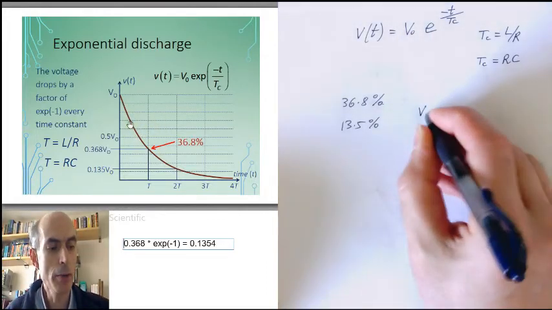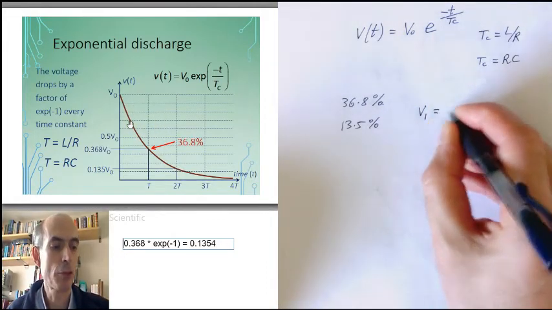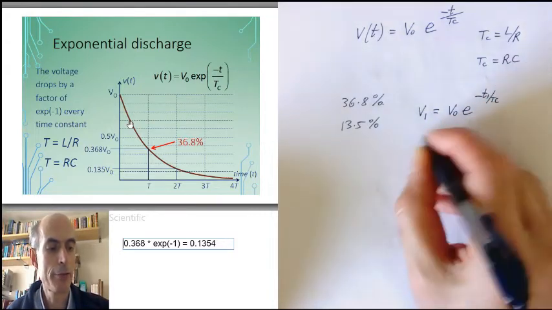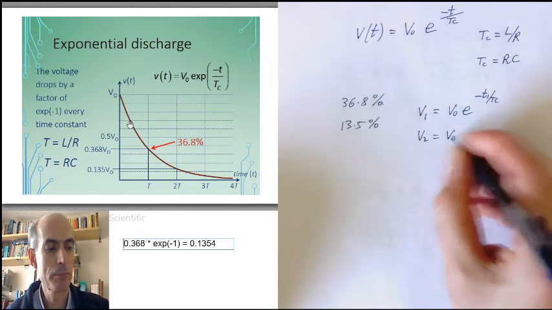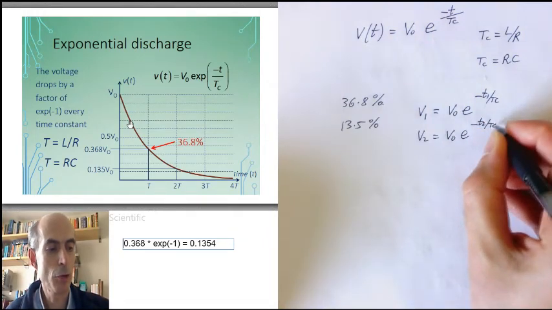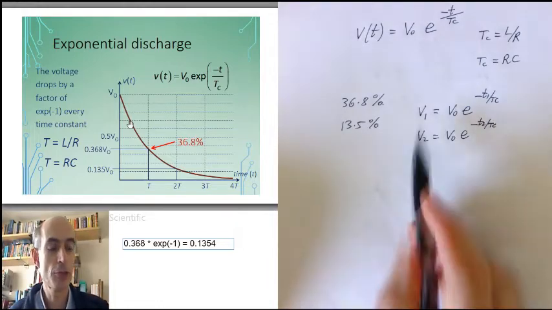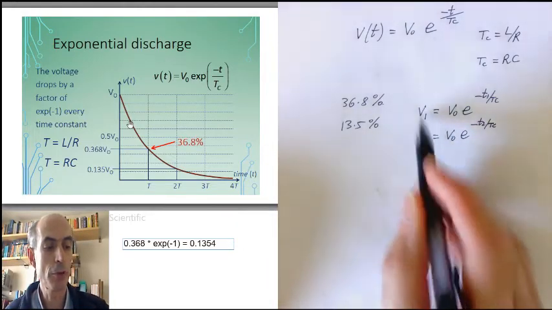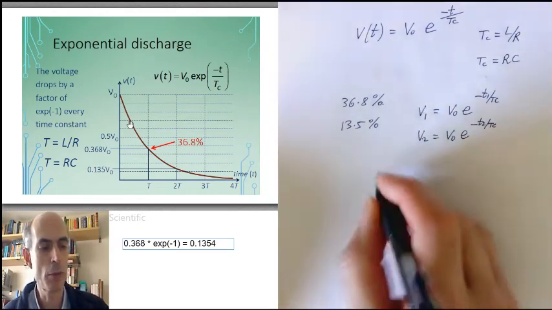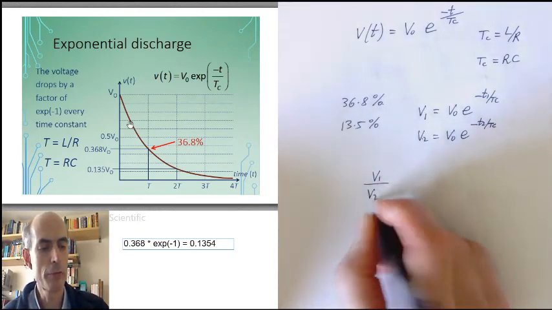Maybe V1 at some time T1 and V2 at some time T2. And if we want to work out the time constant from these two readings, we would just divide these two equations. So divide our two voltages that we measure, V1 over V2.